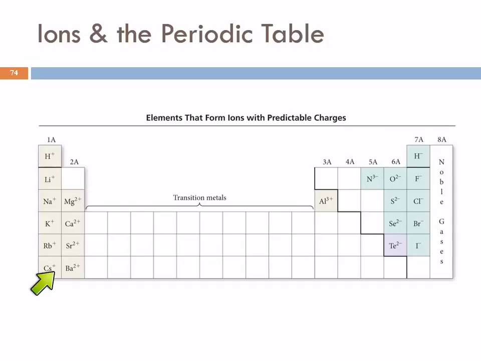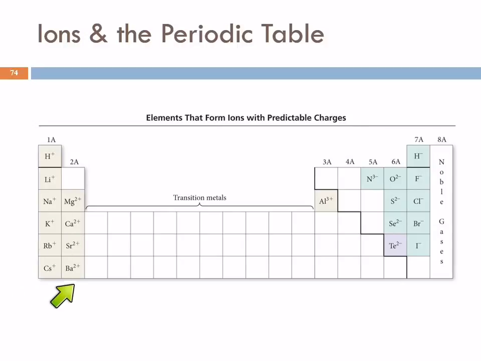The charge is written as a superscript on the right side of the symbol, and we always write the sign of the charge, plus or minus. If it's just 1, we don't write the 1. And what you'll see as we go through the semester is chemists seem to have a thing about the number 1. We don't like to write it unless we absolutely have to. So these are all +1, but we don't write the 1.